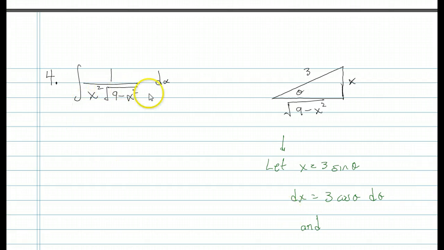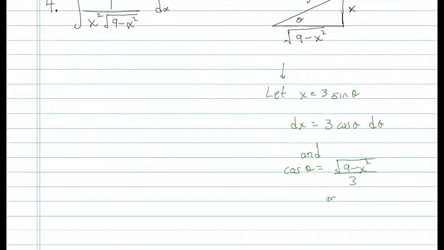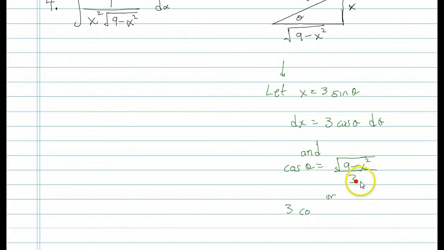To replace the expression involving the square root, we can also go to the triangle. What trig function involves the adjacent and hypotenuse sides? That's cosine. So cosine theta is the square root over 3, and therefore, clearing the fractions to solve for the square root, we get that the square root of 9 minus x squared is just 3 cosine theta.